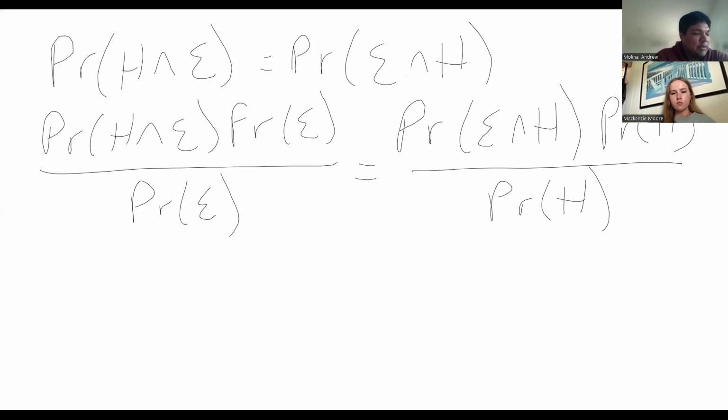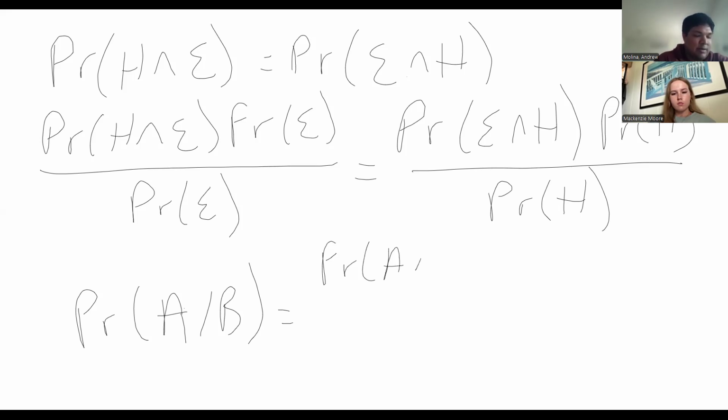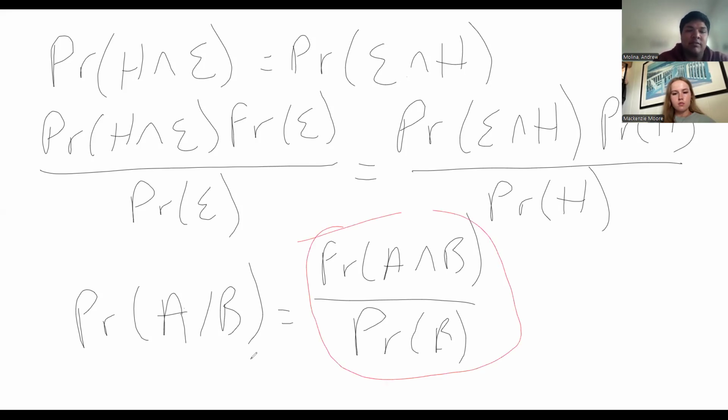Going back to our definition of conditional probability, which I will rewrite at the bottom here in terms of A and B, the probability of A conditional upon B is equal to the probability of A and B divided by the probability of B. And I will switch colors to show that this is of the same form as this and this.